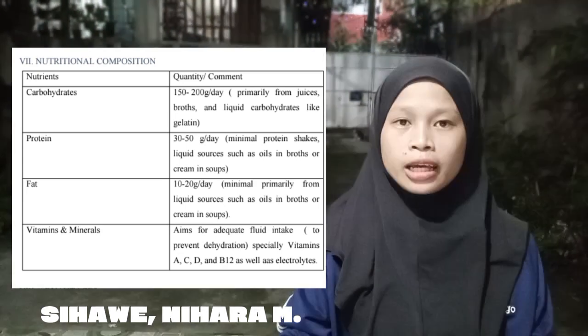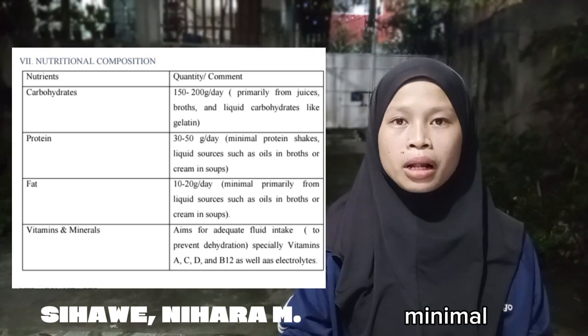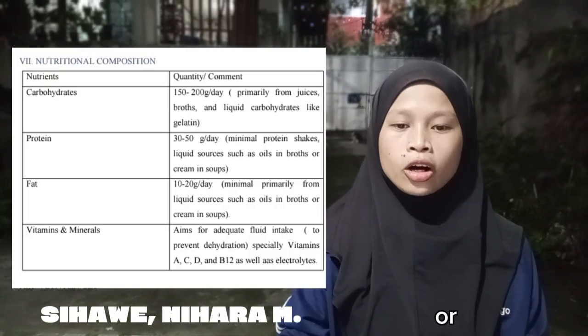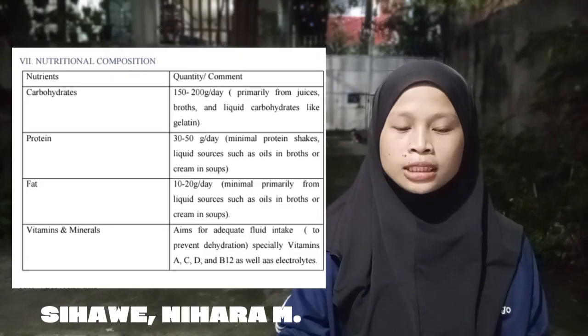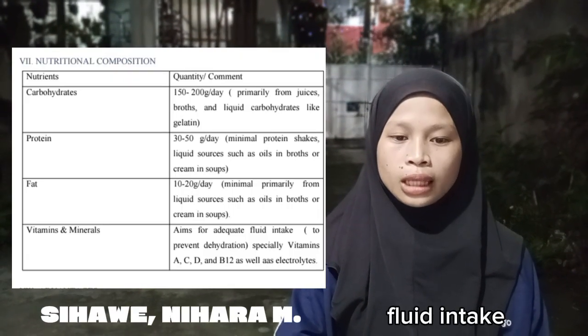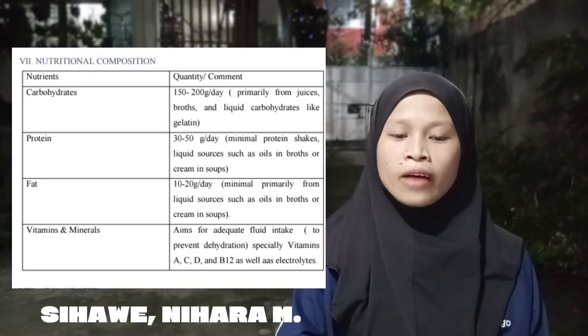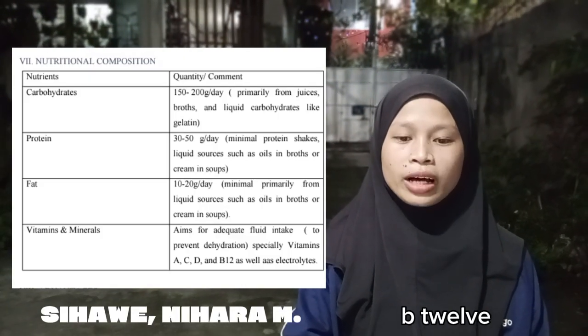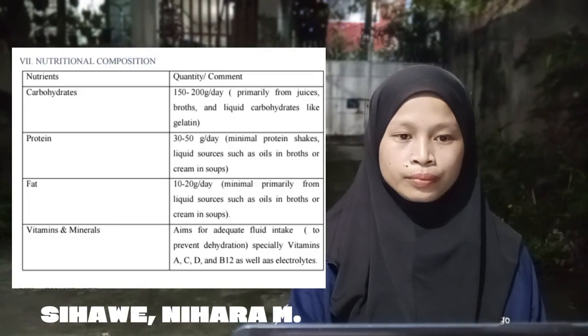For fats, 10 to 20 grams per day, minimal, primarily from liquid sources such as oil in broths or cream in soups. For vitamins and minerals, aim for adequate fluid intake to prevent dehydration: vitamins A, C, D, and vitamin B12, as well as electrolytes.